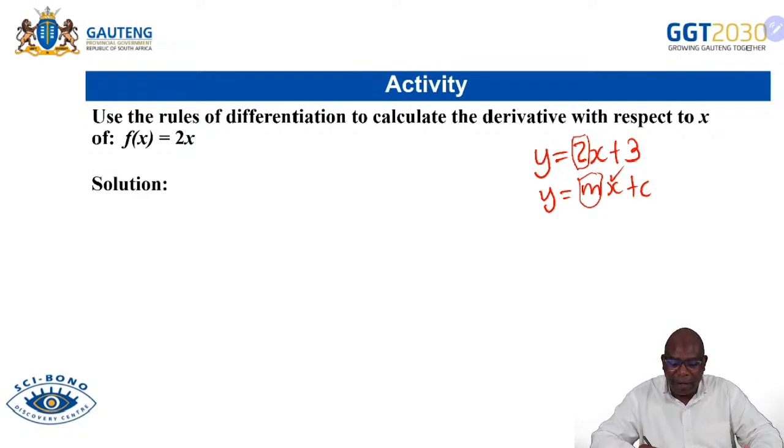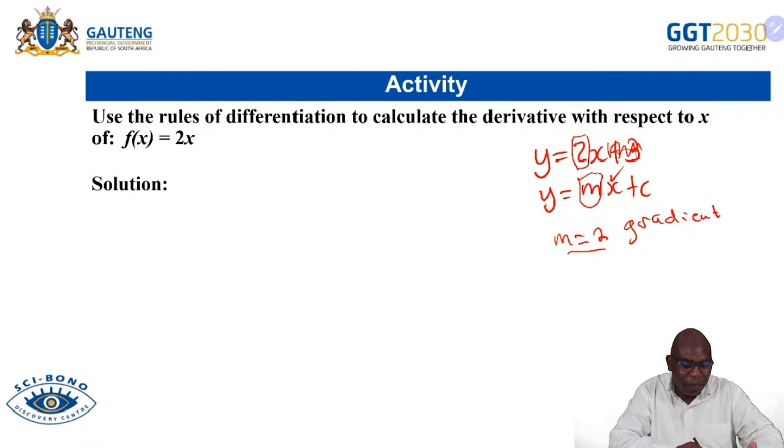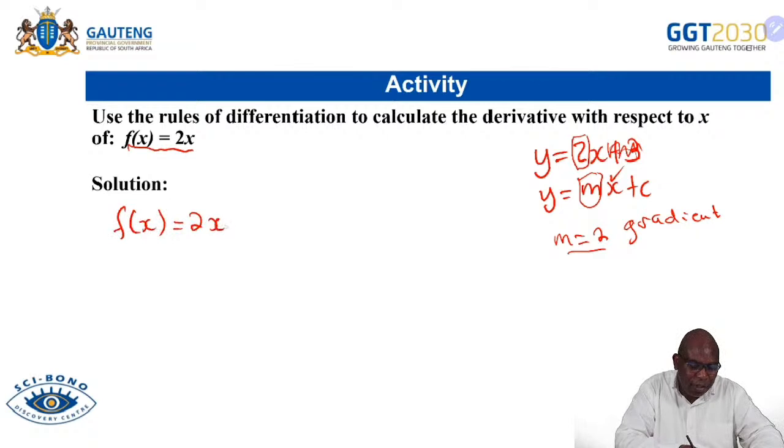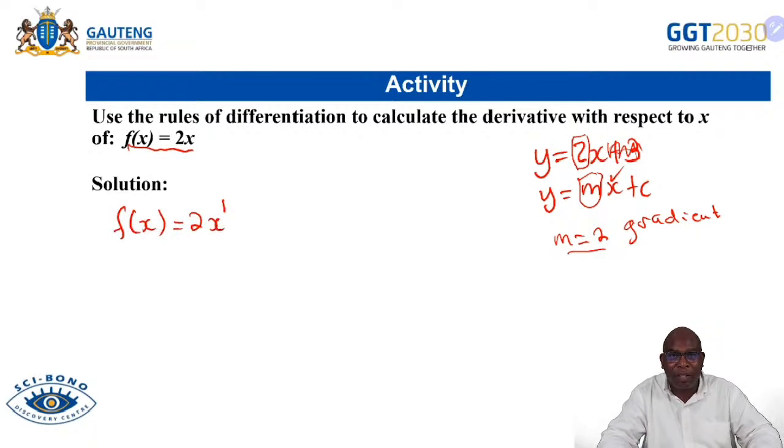If, for instance, I don't have that 3 there, my gradient of this line is still going to be equal to 2. Now let's look at this. If I differentiate that 2x using the rules, I have f(x) equals 2x to the power of 1. If it's not written, the power is 1. Now, how do I differentiate? Remember the first rule that we used?